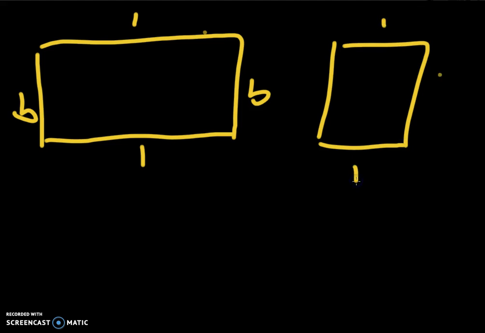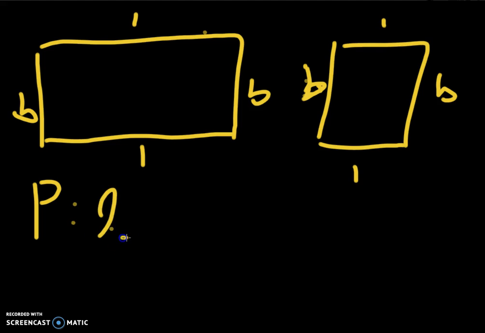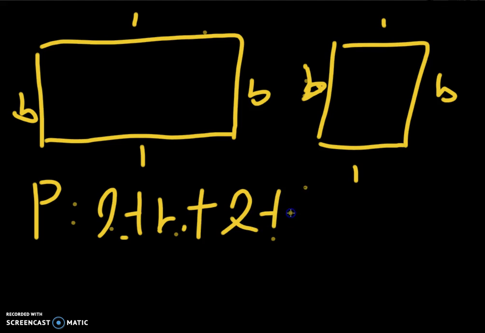We're looking at basic quadrilaterals first, then I'll teach you triangles. The perimeter P is length plus breadth plus length plus breadth.